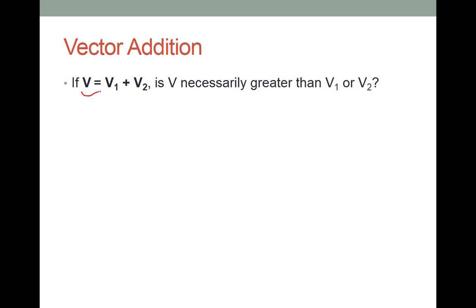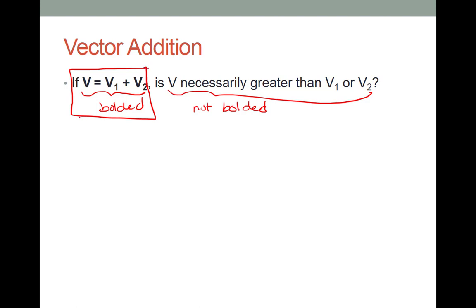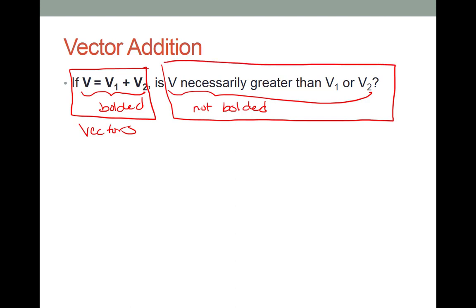Every v in this portion is bolded, and every v in this portion is not bolded. The reason for that is because this statement is vectors, and this statement over here is asking about only the magnitude.